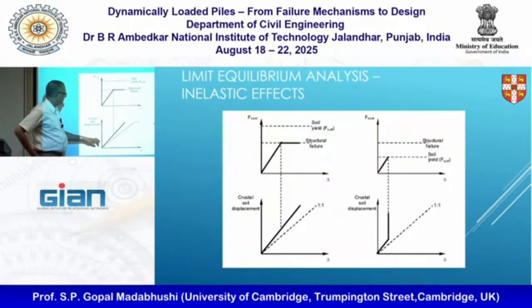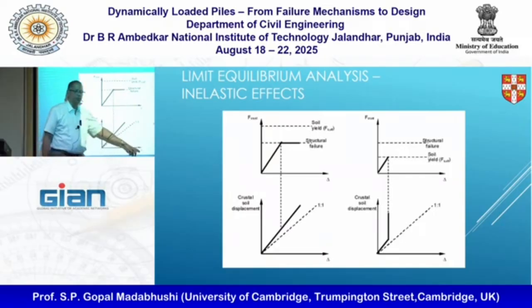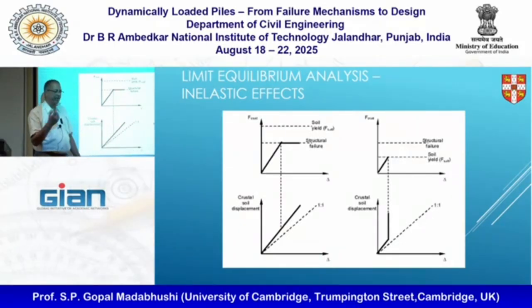Now, what you have here is how much the crust wants to move, which we calculated in the first lecture. So this is how much the crust wants to slide down due to lateral spreading. And versus how much the pile wants to move. We said the relative displacement is the important bit, right?